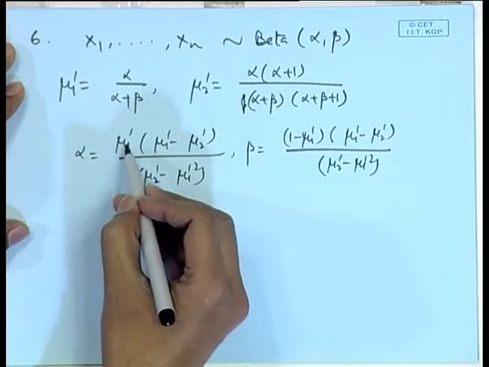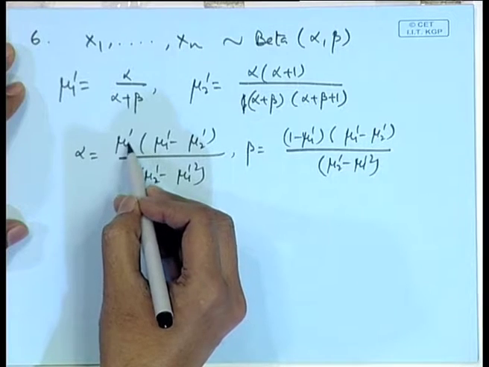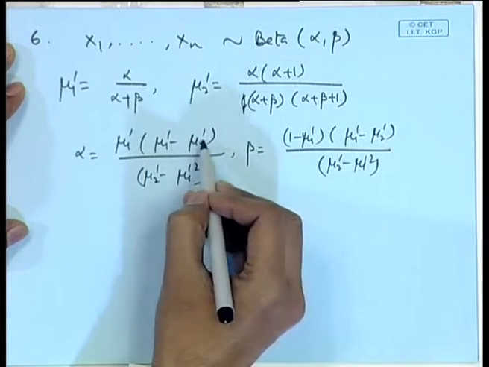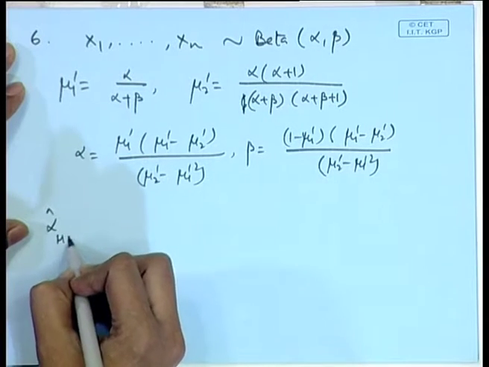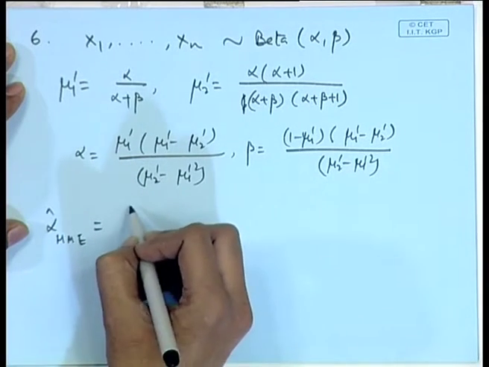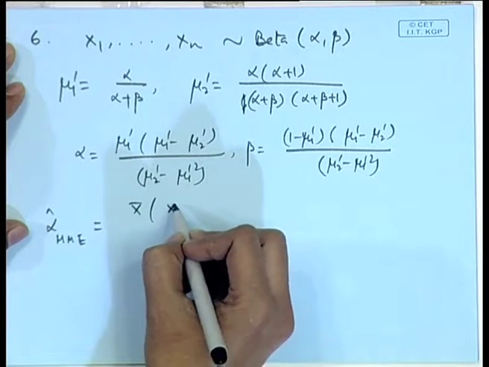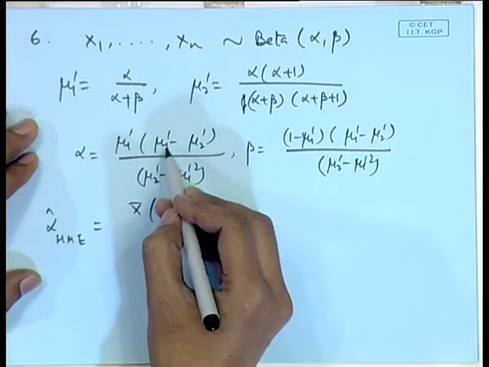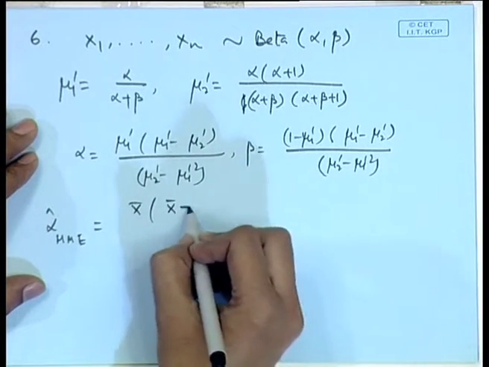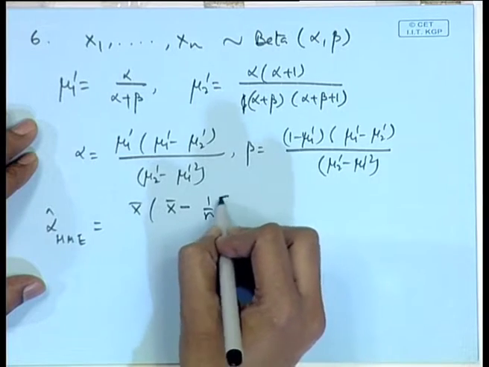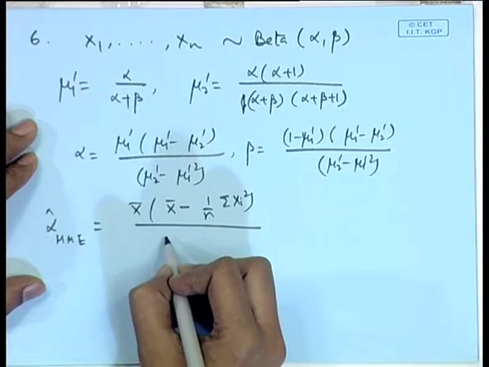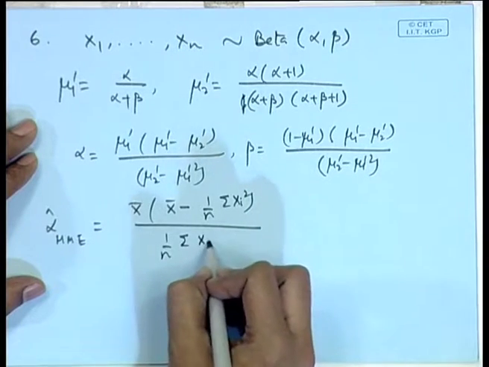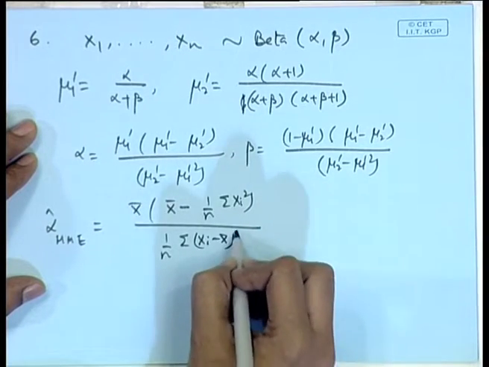So, substituting for mu 1 prime as x bar and for mu 2 prime 1 by n sigma xi square, we get the method of moments estimators as x bar into, so if I take this one, (x bar minus 1 by n sigma xi square) divided by (1 by n sigma xi minus x bar) whole square.